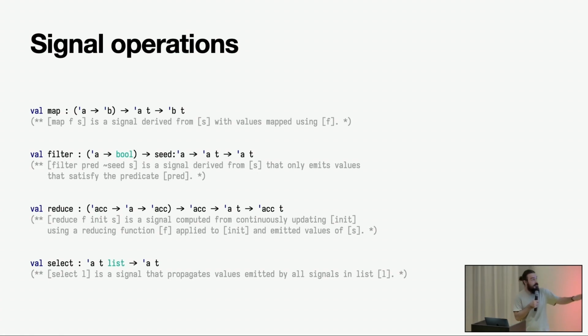We start with a signal of A's and an initial value, and for the whole history of the signal, we're updating that accumulator. We're essentially collecting some state over time. And then finally, select is essentially the ability to listen to multiple signals at once, and if one of them produces a value, then the subscriber of the resulting signal is also going to get that value.